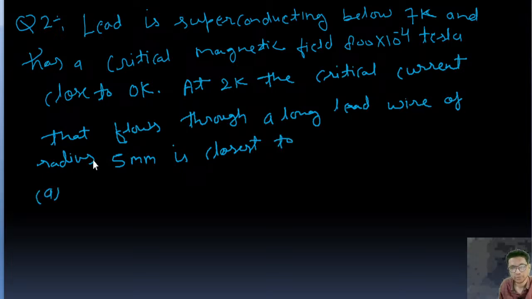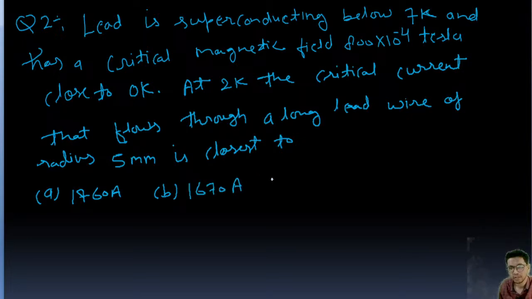Okay, so options are: Option A is 1760 ampere. Option B is 1670 ampere. Okay, and this is 1950.